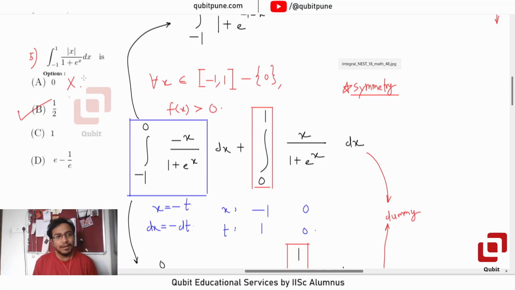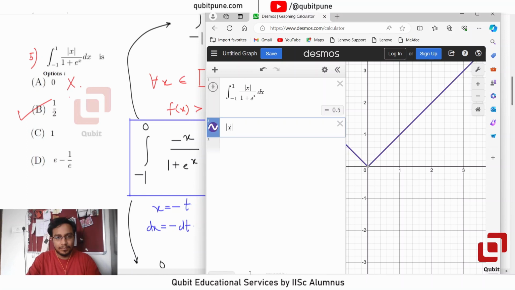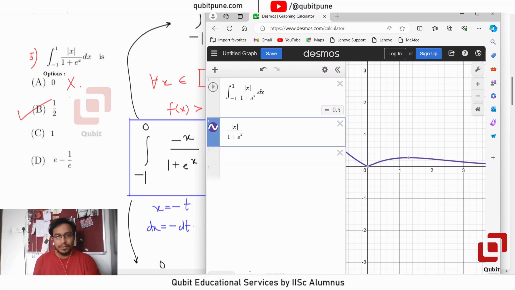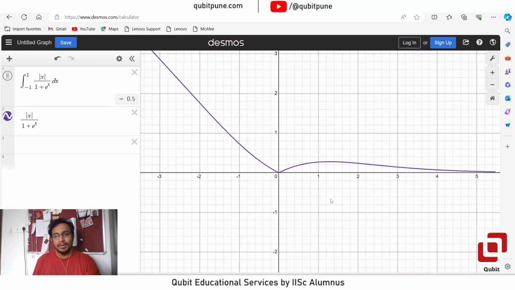Now let's come to the symmetry part. If you plot the graph of mod x upon 1 plus e raised to x, the graph will look like this.